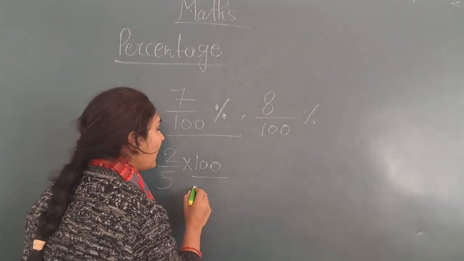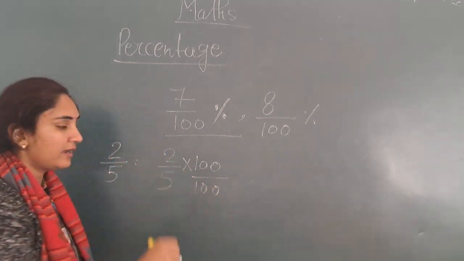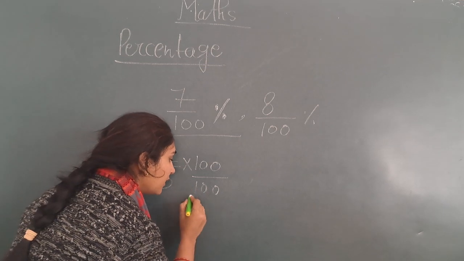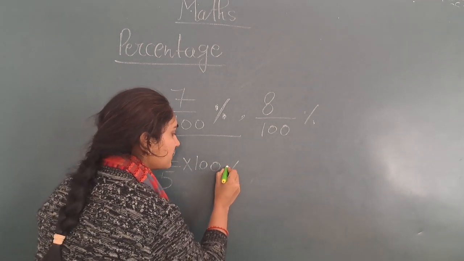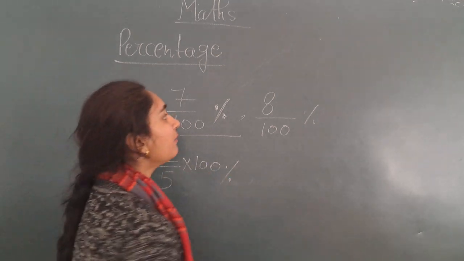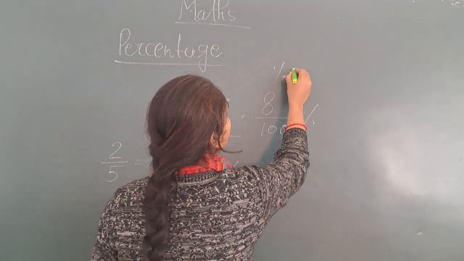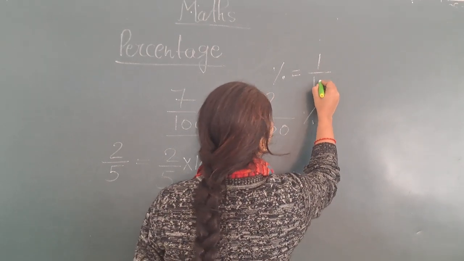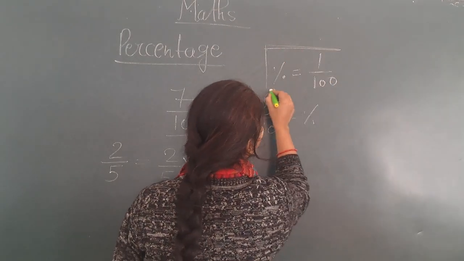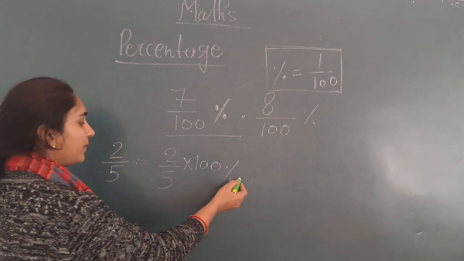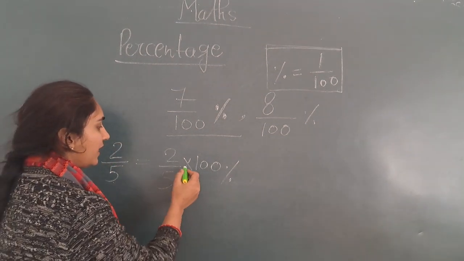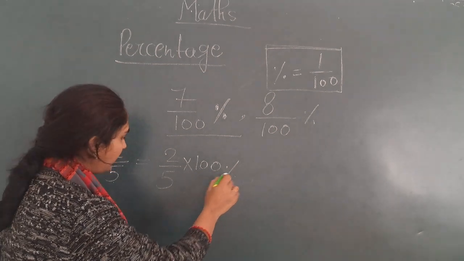If I multiply or divide by 100, the denominator 100 becomes the sign of percentage. That means percentage is equal to 1 upon 100. So I can express 2 upon 5 multiplied by 100%.